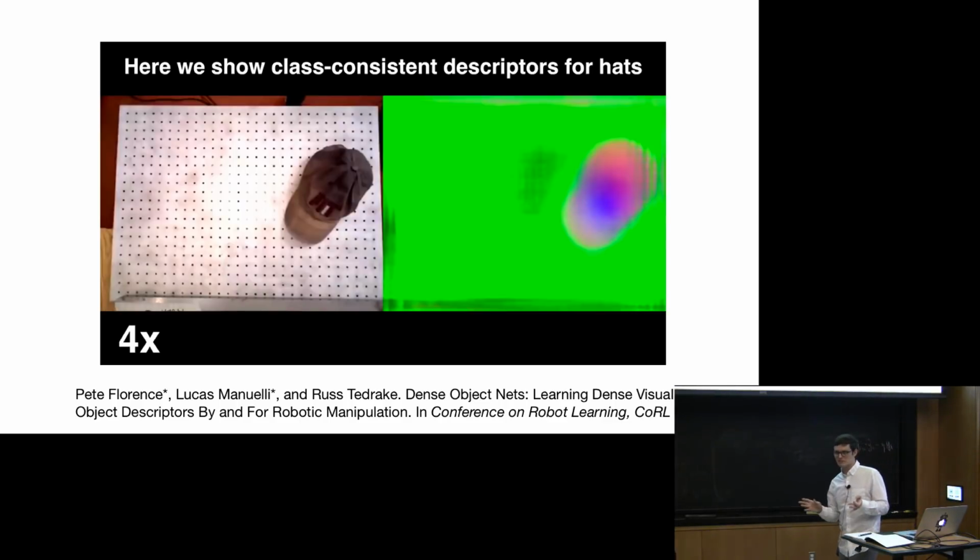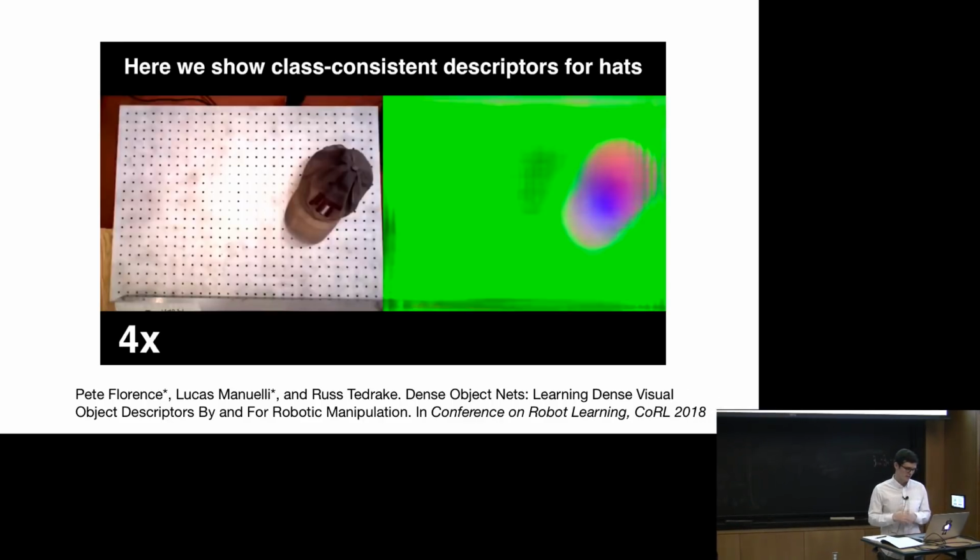I want to show a couple things from our lab. This is joint work with Lucas, and the next one is also joint work with both Lucas and Wei, one of your TAs. Different works in manipulation try to address different parts of the problem. In this one, we tried to address a very low assumption on what the state space is. We don't really have an explicit state space representation. We only use self-supervision to decide how the things that we're looking at correspond to things that we've seen before.